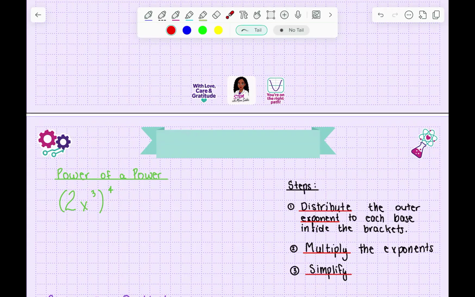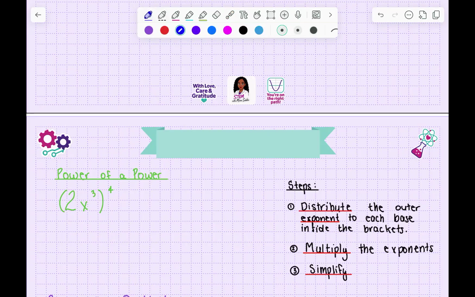That applies to all math, right? Even if you're doing algebra, even if you're using real numbers, you always have to take into consideration your order of operations, okay? So first thing, I have brackets here. There's nothing I can do, okay? And so the next step in BEMDAS is exponents.